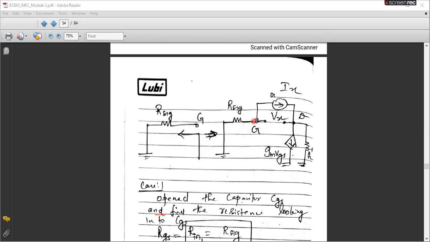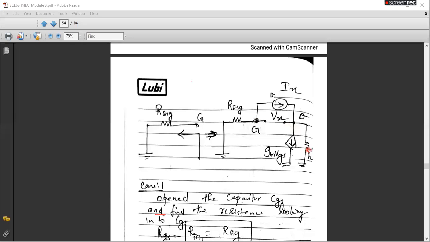right? At the gate terminal, you have VGS plus this voltage. This voltage plus this voltage is equal to the voltage across the load resistance by simply applying KVL. Write it. What is the drain voltage?